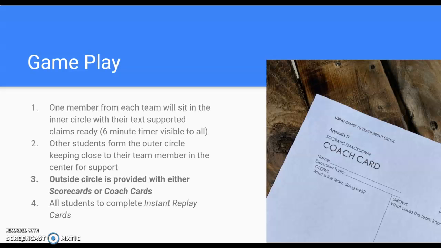So the coach card would be the glows. What is the team doing well? The grows. What could this team be doing to make things a little bit better? Other coach tips, or a coach tip, what I want to ask was. So they'll be filling this out as the inner circle is having their argument or their discussion.